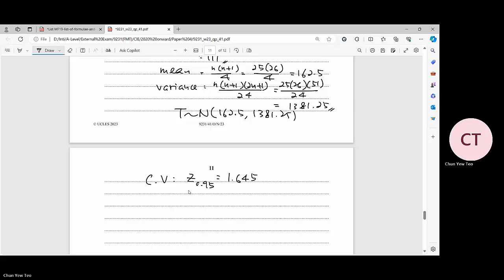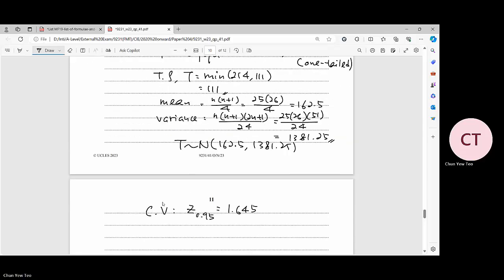Now I want to use the p-value test. Never mind, we can use the critical value test. Our test statistics just now is 111, right?